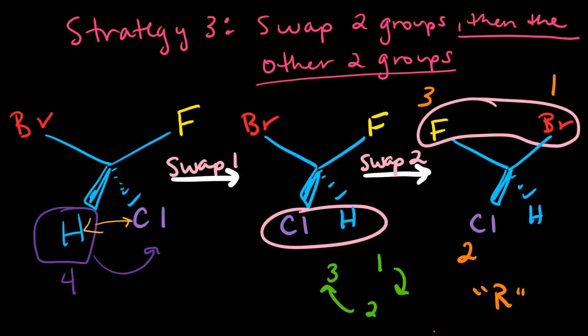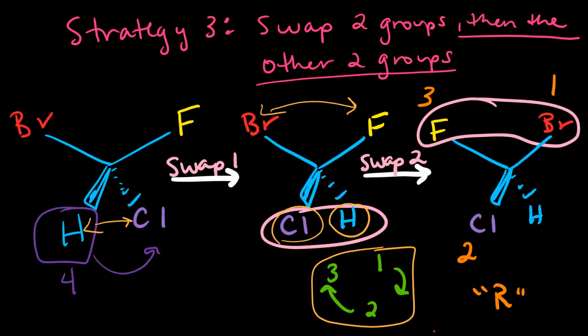So we've put hydrogen where chlorine was and chlorine where hydrogen was, but the thing we have to remember to do then is to also swap the groups up here so that we bring bromine off to the right and fluorine off to the left. If you forget to do that second swap, you will come up with the wrong answer to the question because you're actually going to end up drawing the mirror image to the structure when you do that first swap. So if you do it again this way, you're going to come up with the 1, 2, 3 clockwise orientation or the R configuration.